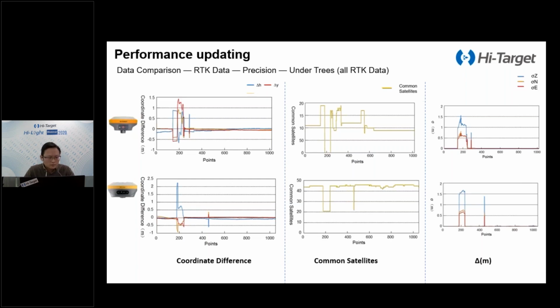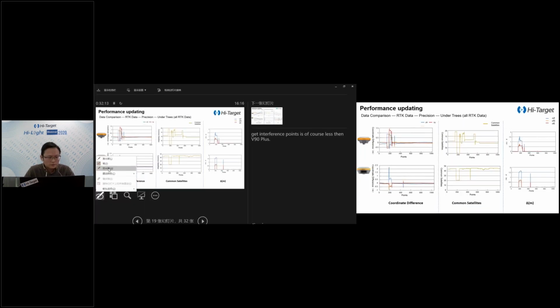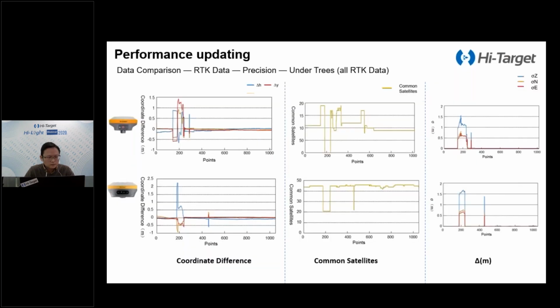In these 3 pictures, the V90 Plus gets more interference points than the RTK4 at the same time in the same area. It means that the RTK4 has a good ability in anti-interference.